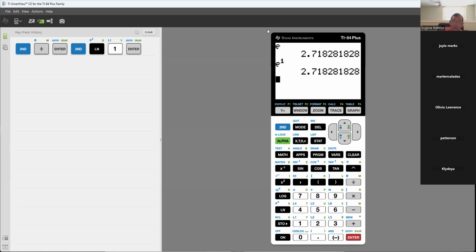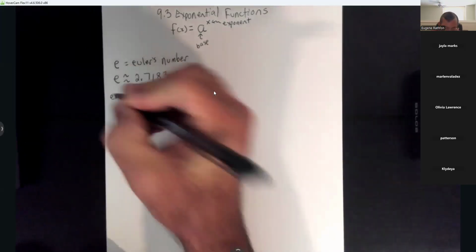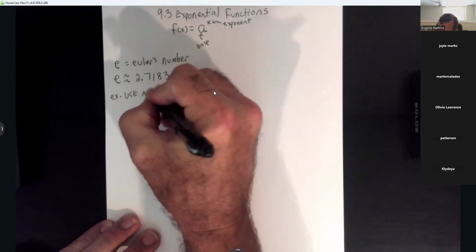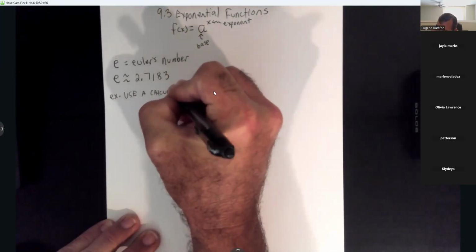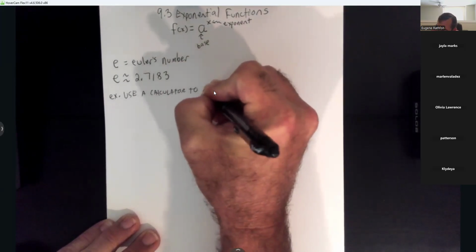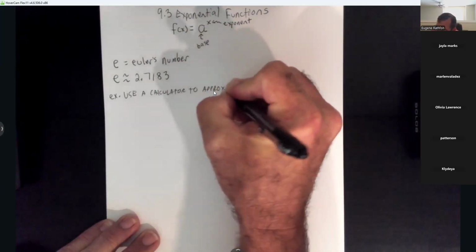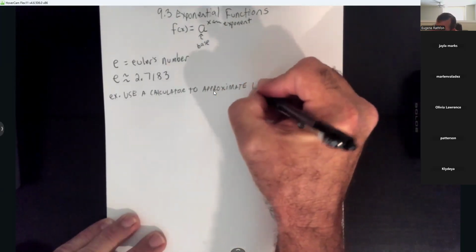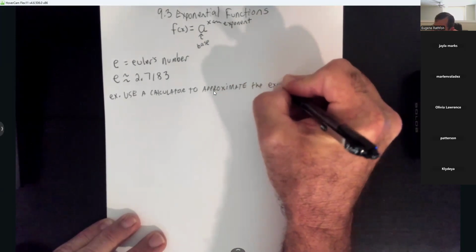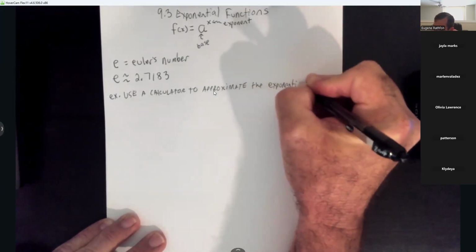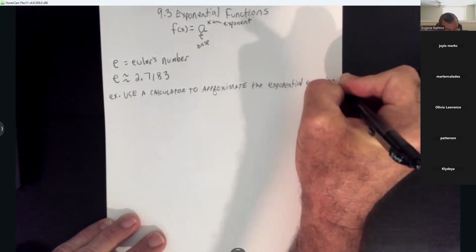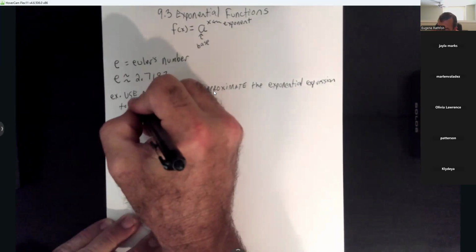So let me show you what they want us to do on the first two problems. On these first two problems, they want you to use a calculator to approximate the exponential expression to 4 decimal places.